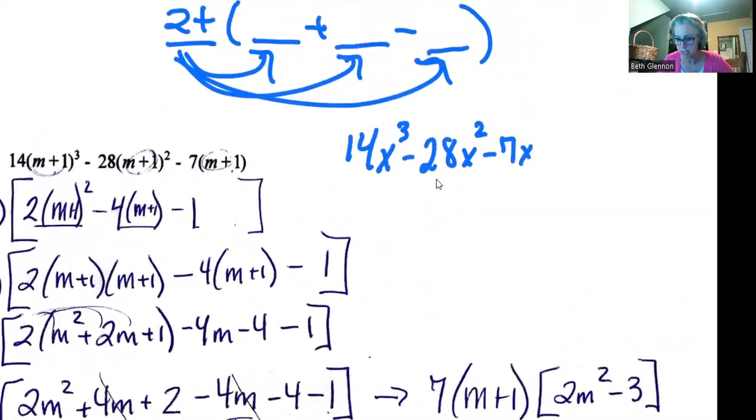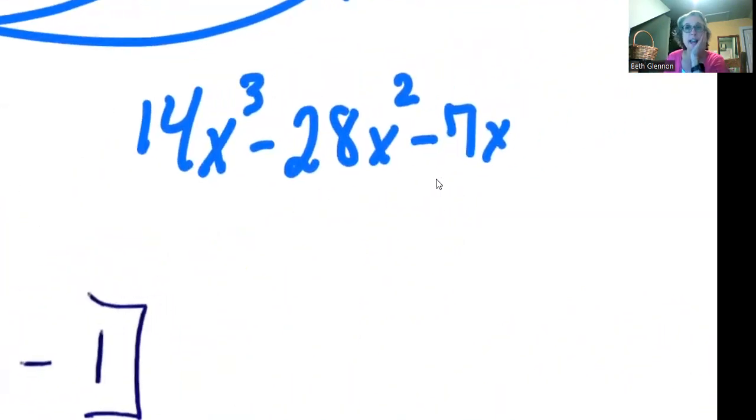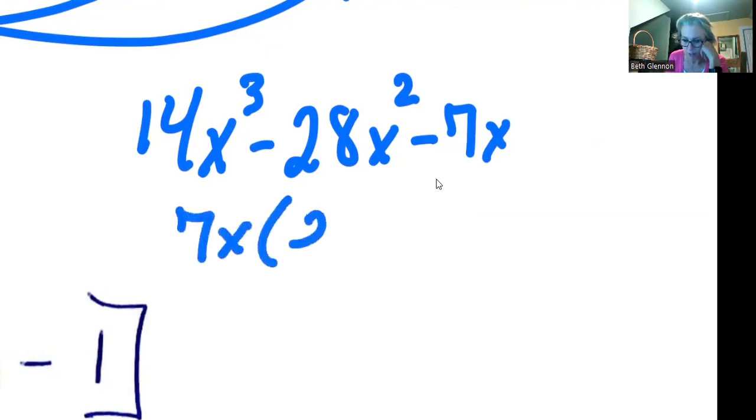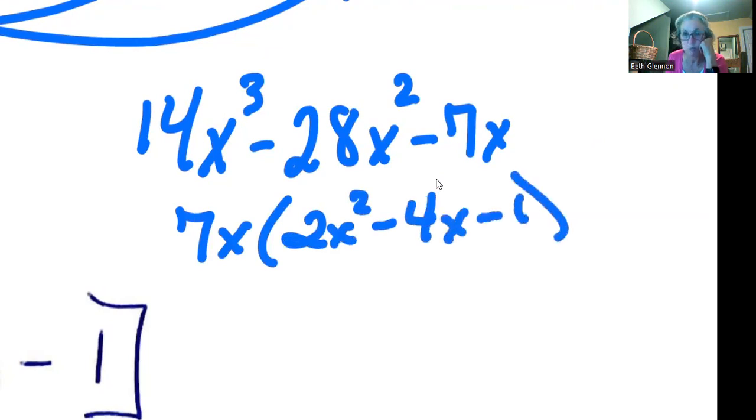Here, let me isolate that so you can really just focus on that. What would you say the common factor here is? I would just say it's a 7x. A 7x is going to go into each term. So 2x squared minus 4x minus 1. Wouldn't you? But what if x is not what we're doing?